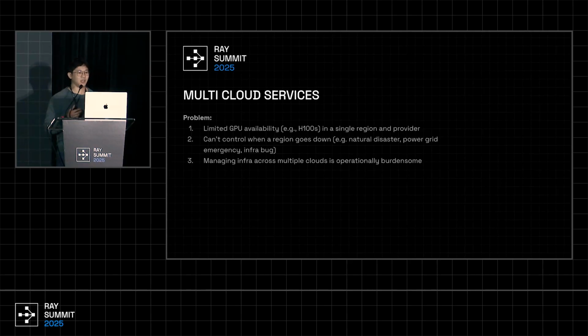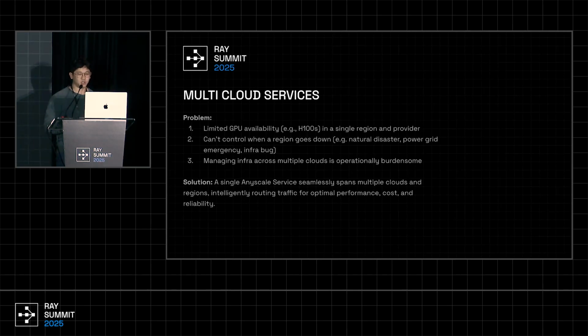Lastly, when we're finally operating in a multi-cloud environment, it becomes more difficult to manage and prone to error. So the solution we built at Anyscale is an Anyscale service, a single one that seamlessly spans multiple clouds and regions.